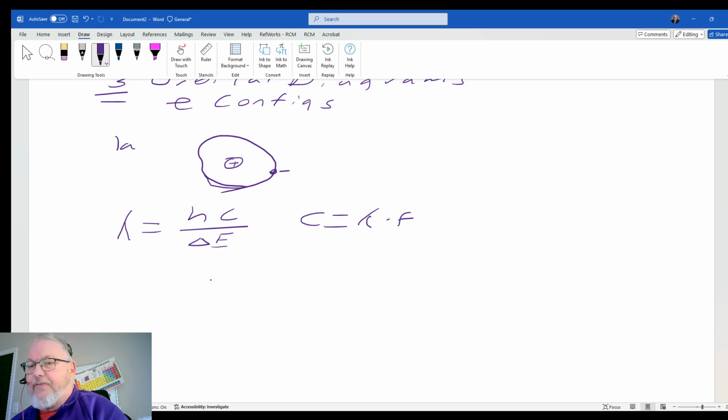So let's think about that. If I've got a very long wave, and let's say it has a wavelength of 2.5 meters, this is an example, that equals lambda. But everything we do is in nanometers, so I have to convert it.